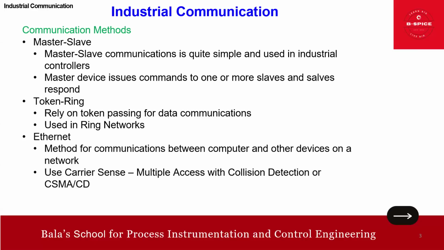It works like this. Before a computer or controller sends data to another device, it listens to see whether the network is busy. If the network is active, it will wait and try to send data later. If it senses the network is available, it will transmit the data.